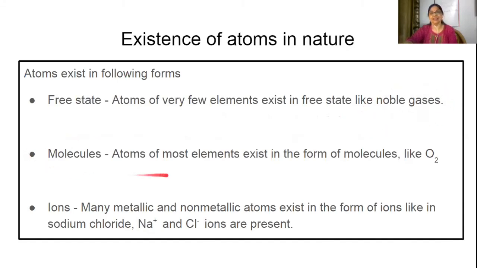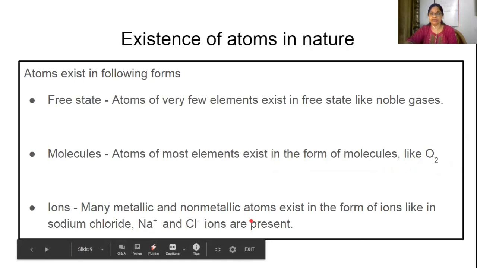Then comes the form of molecules. The atoms combine with other atoms to form molecules. For example, O2. 2 atoms of oxygen have combined to form O2. Similarly, 1 atom of hydrogen and 1 atom of chlorine can combine to form HCl, hydrochloric acid.